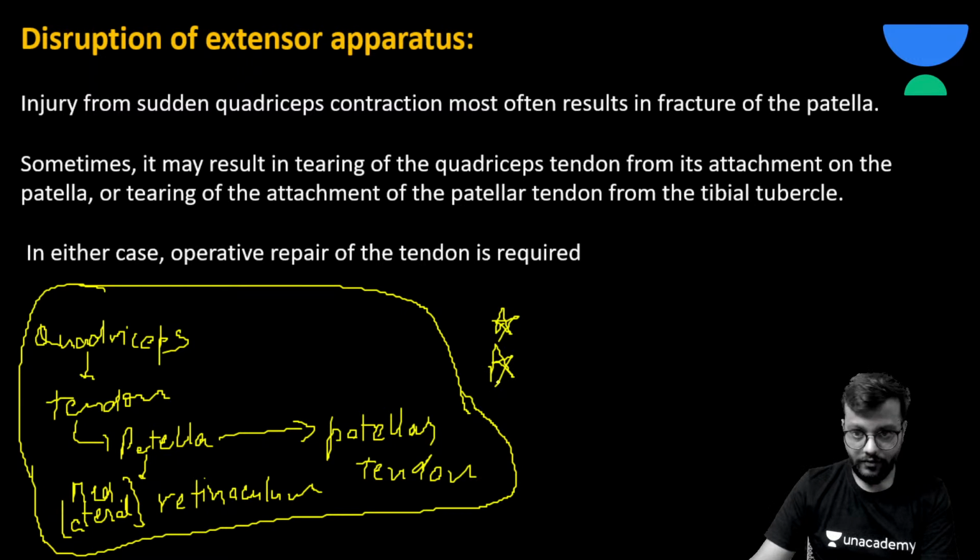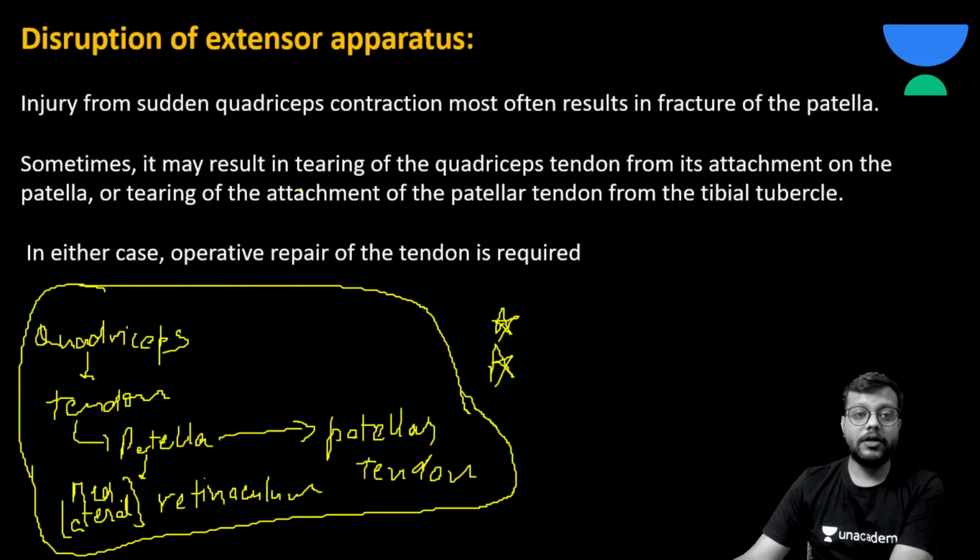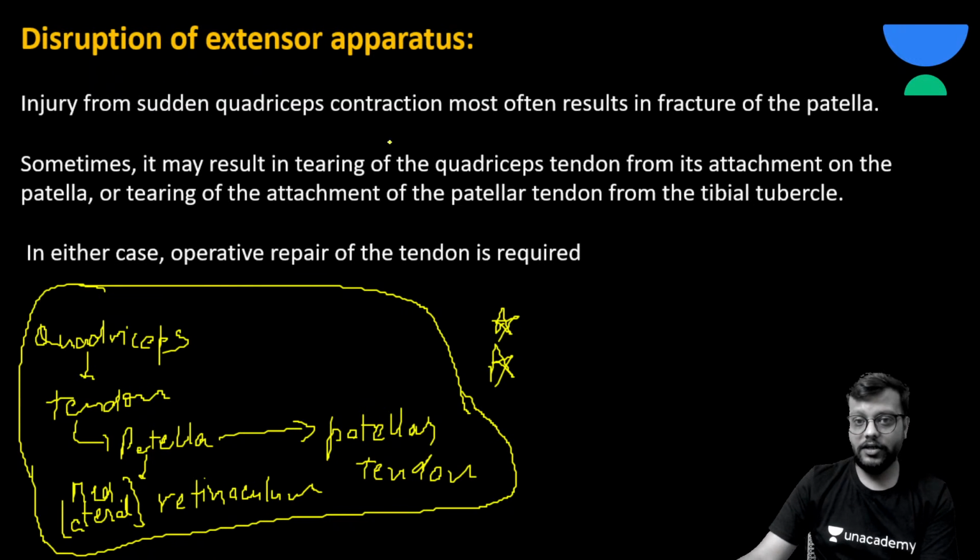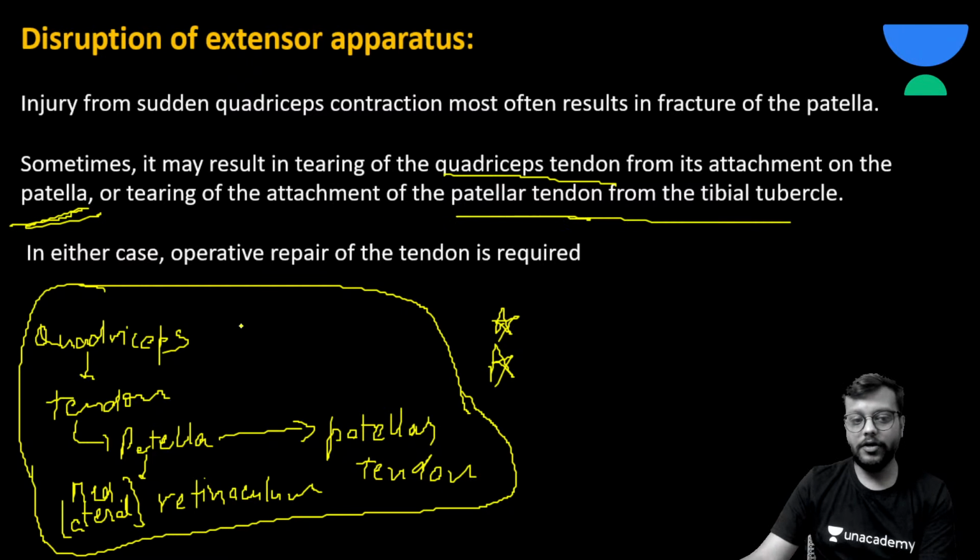Okay, so sometimes the disruption of the extensor apparatus may result in tearing of the quadriceps tendon from its attachment on the patella, like we have discussed. Or the patellar tendon can also get detached from the tibial tubercle.